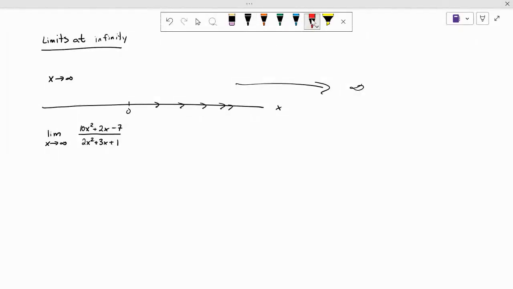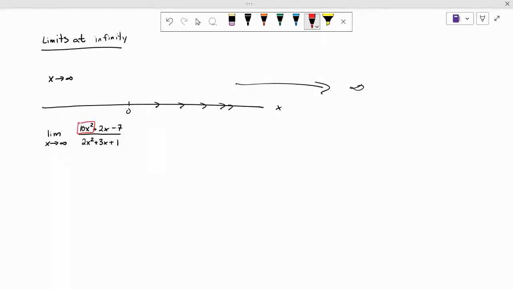So what's the highest powered term in the numerator? The highest powered term would be the x squared term. It's the highest power of x. Yeah, this term is the highest powered term because you have x squared.